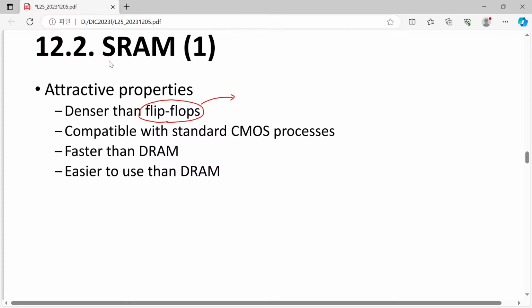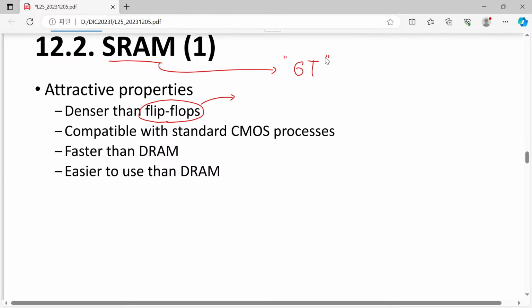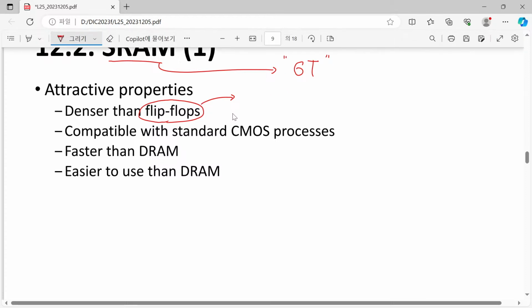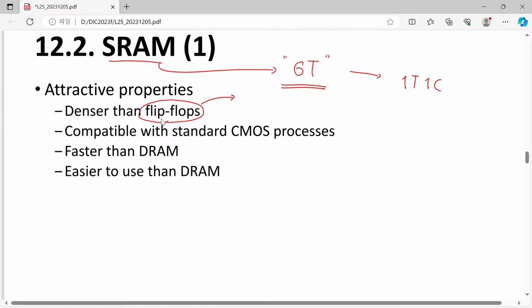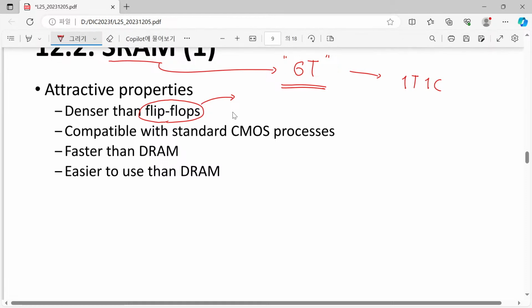In the case of SRAM, you will find that SRAM requires just 6 transistors. Although it is not as efficient as one transistor and one capacitor like DRAM, it is much more efficient than our flip-flops.